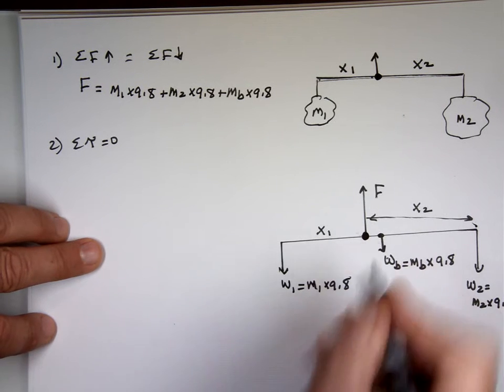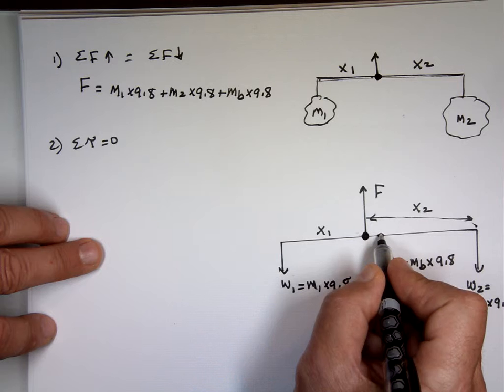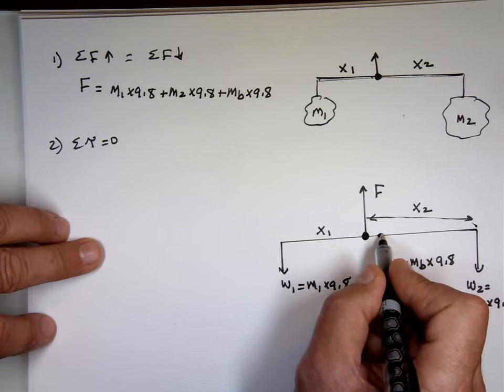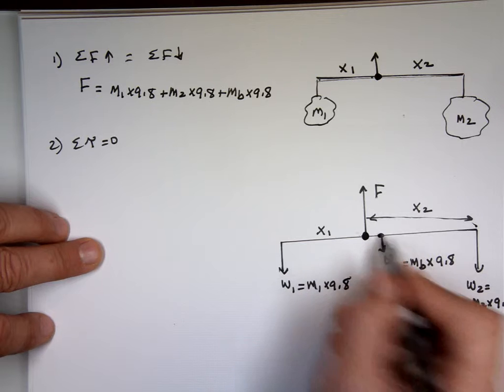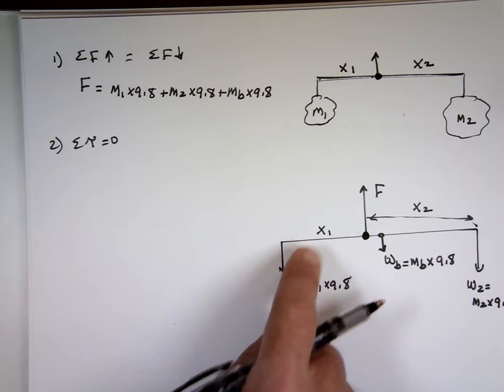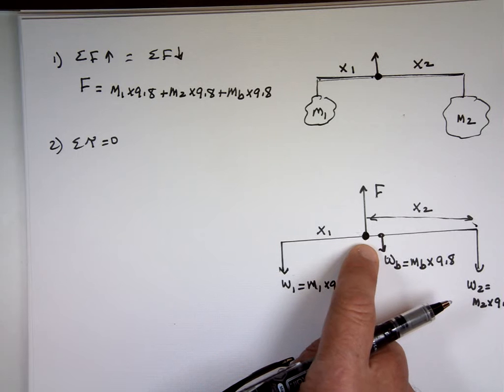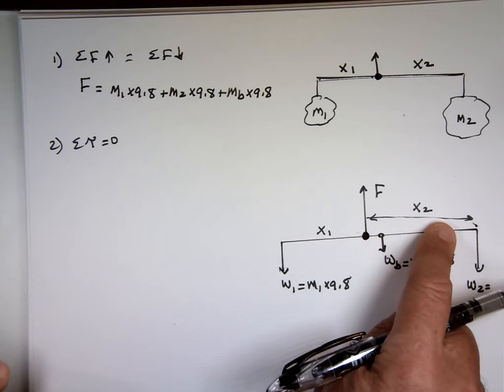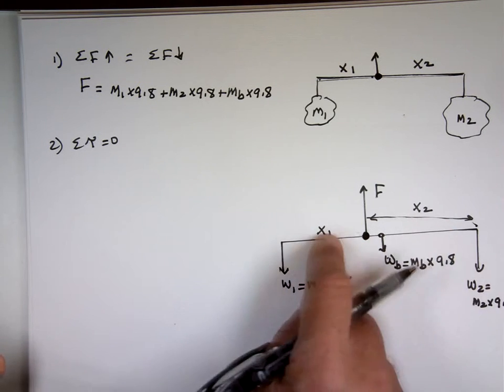Or I could have picked that point. It doesn't really matter what point I use there. It's up to you, whatever point you want to use. Sum of the torque is 0. Because once you know x1, you know where the center of mass is, right? If you know x1 or x2, you know where the center of mass is.